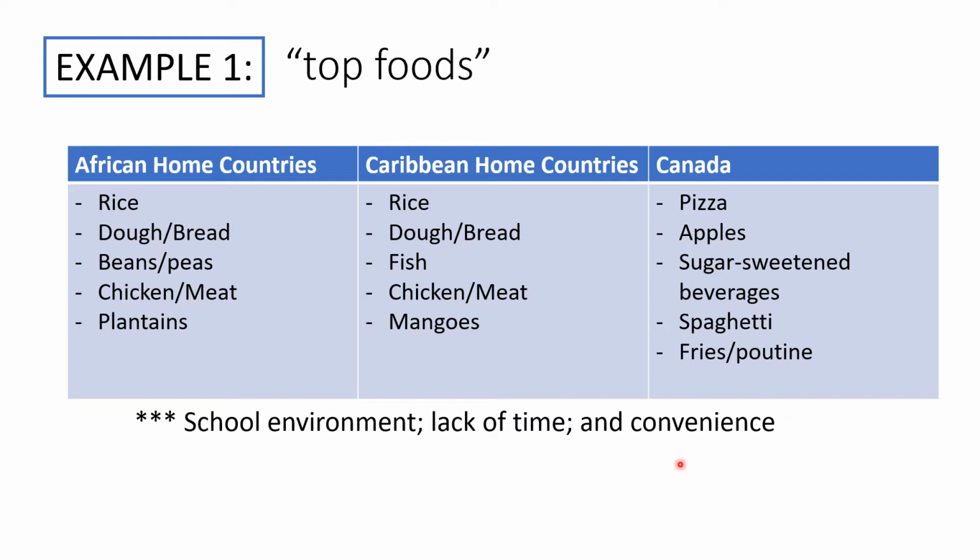So through a matter of convenience, they are now buying more of these other foods that are more common in Canada. But at the same time, it's not just the home environment that's influencing these foods. The children are also mentioning that it's very adamant in the school environment as well.